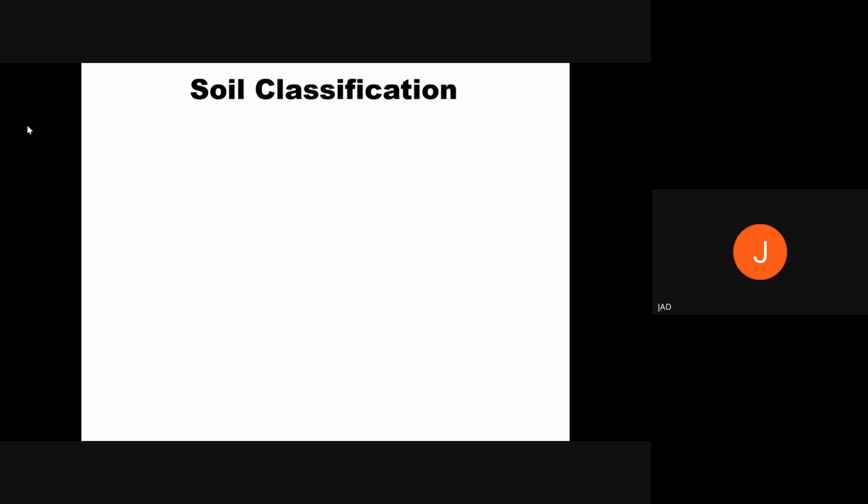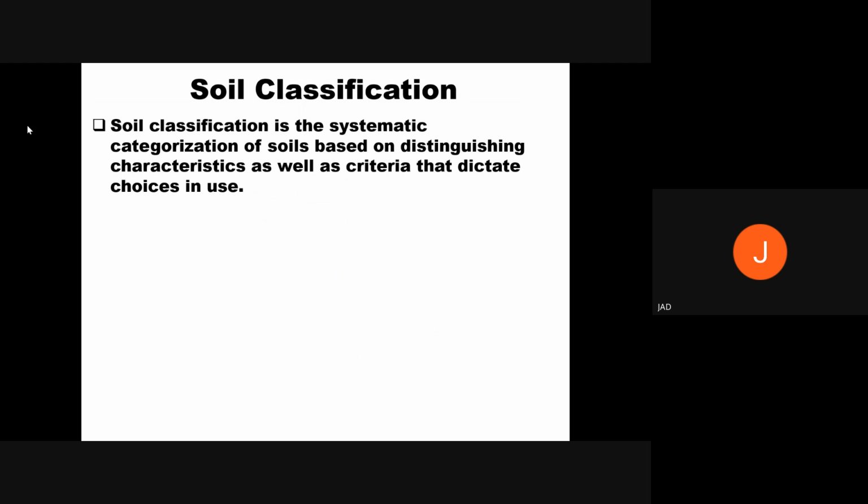So universally there is difficulty when it comes to classification of soils. We have so many modes of classification out there, but we will emphasize some few of them, then move on. So let's see. So soil classification, what is it?